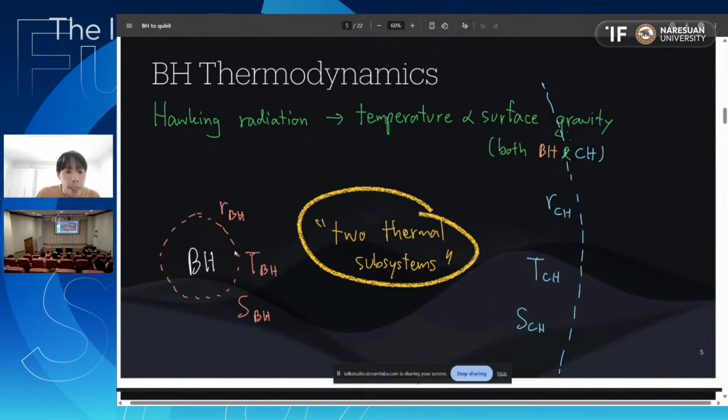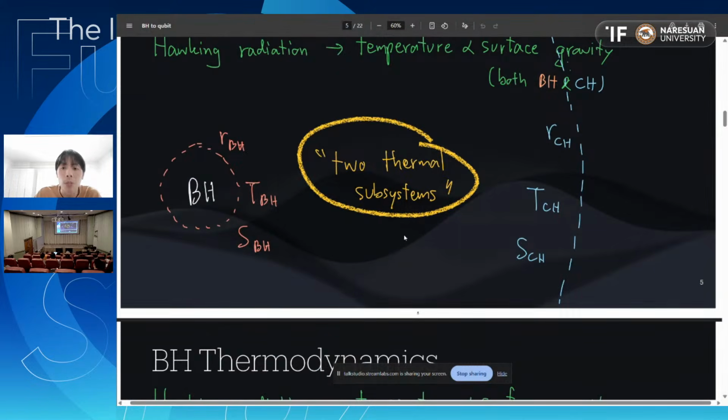I haven't given the exact formula for the temperature, but if the surface gravity of this object is really strong, then you have a very high temperature as well, because they are directly proportional.